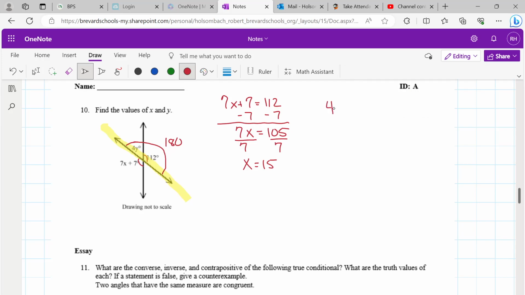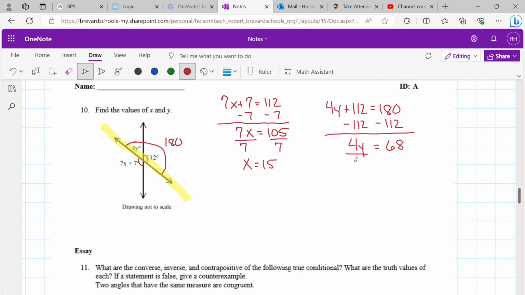So we set up 4y plus 112 is equal to 180. Subtract 112 from each side. So 4y is equal to 68.